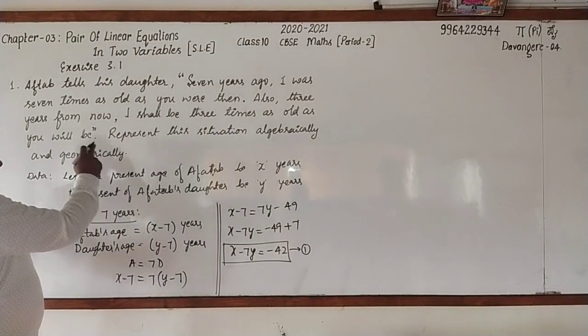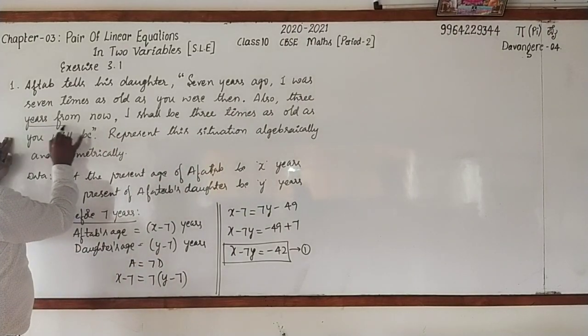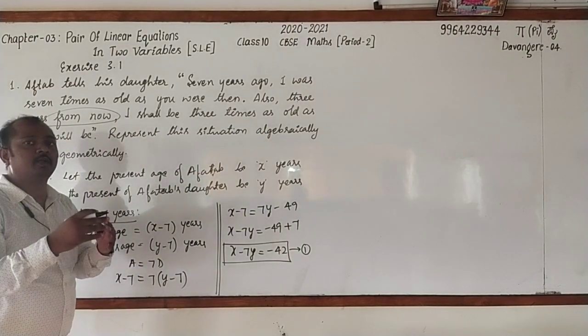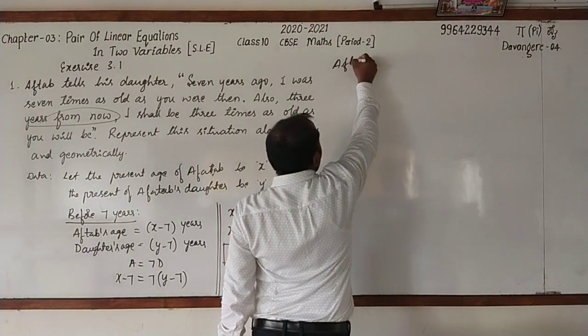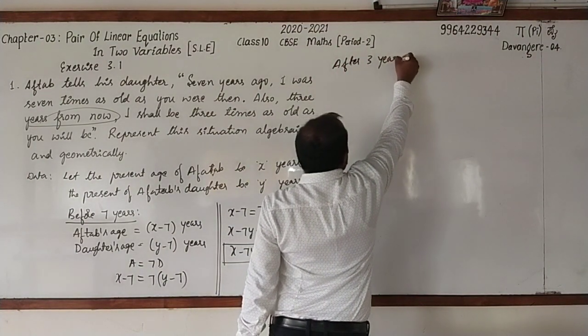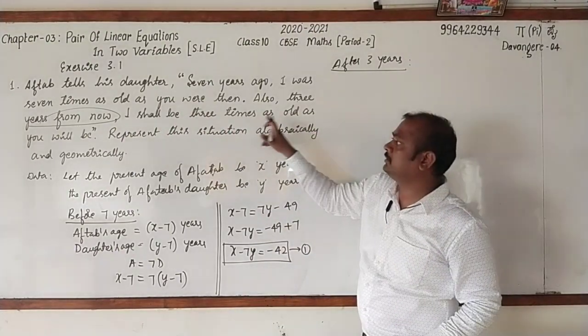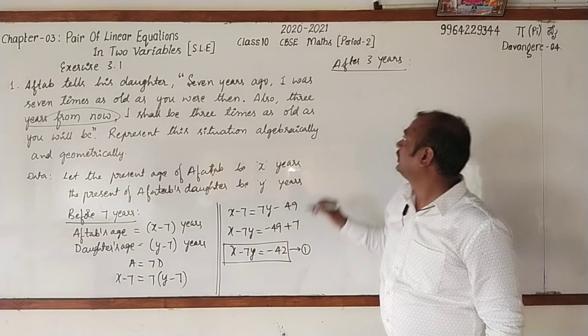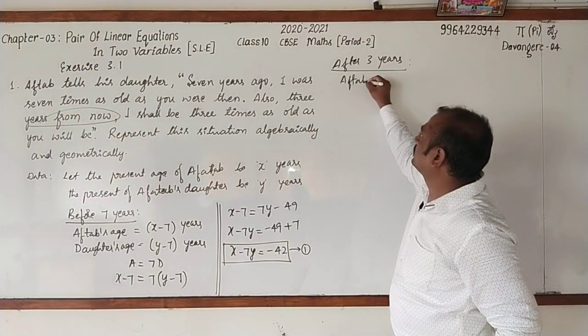Let's move on to another statement. Another statement is also 3 years from now. 3 years from now means after 3 years. Here I am writing, after 3 years, I shall be 3 times as old as you are. Then you tell Aftab's age.